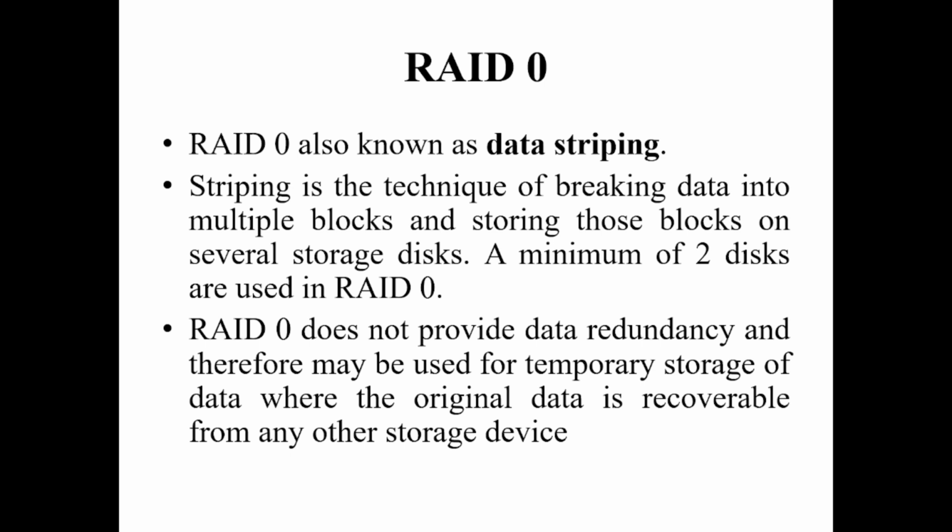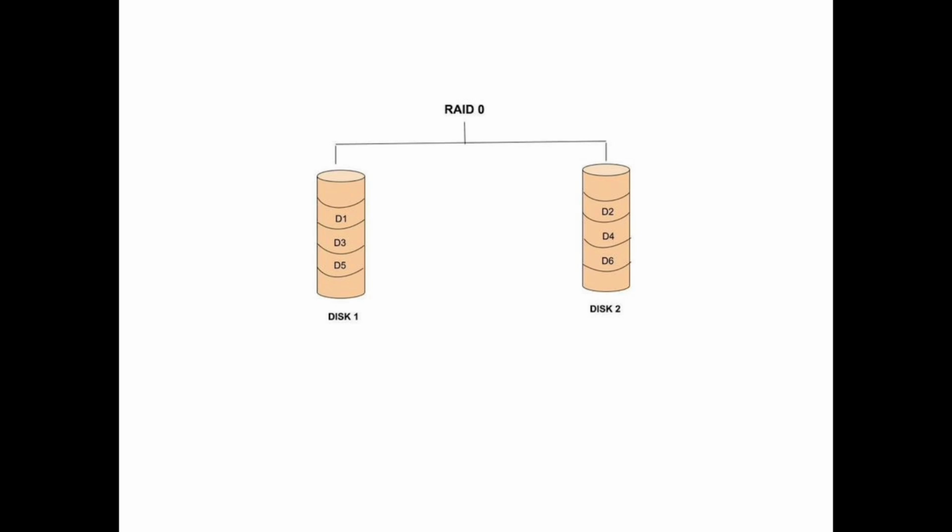It is the method where data is split into blocks and stored across multiple disks. RAID 0 is used to improve speed and performance, but it does not give any safety or backup. Let's imagine we have data D1 to D6.